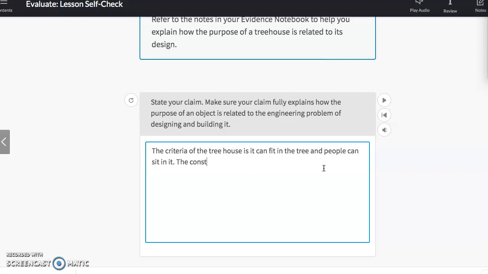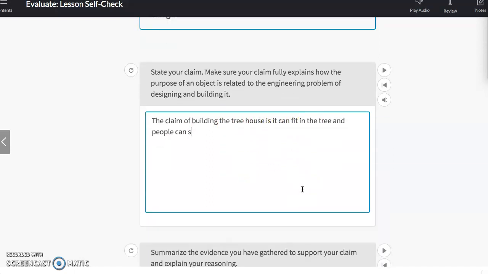The claim. So instead of the criteria, I'll say the claim. The claim of building the treehouse is it can fit in the tree and people can enjoy it and sit in it safely.